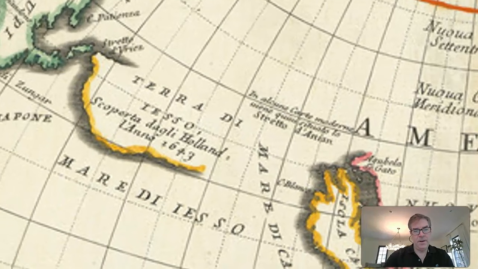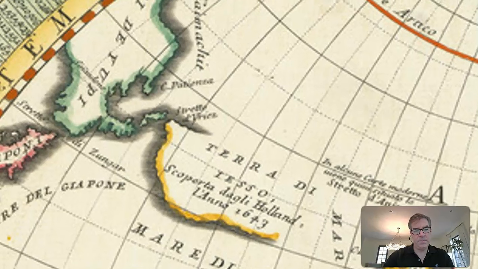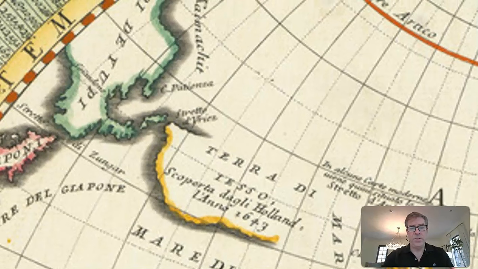California is an island, the Strait of De Vries, the eastern coast of Tartary. It shows it this way over and over again in antique maps of the 1600s.